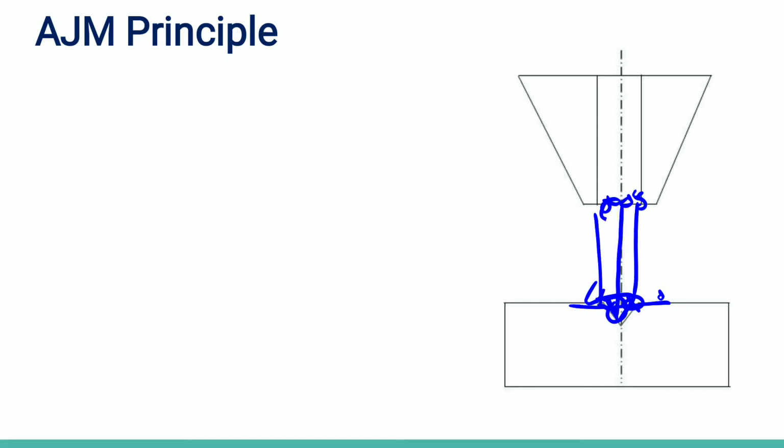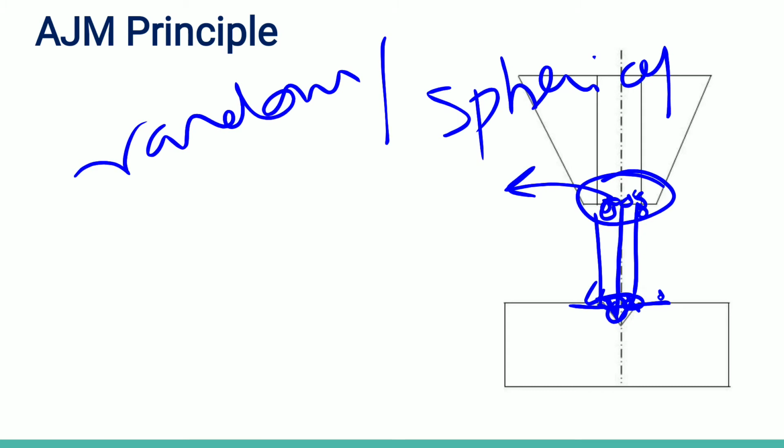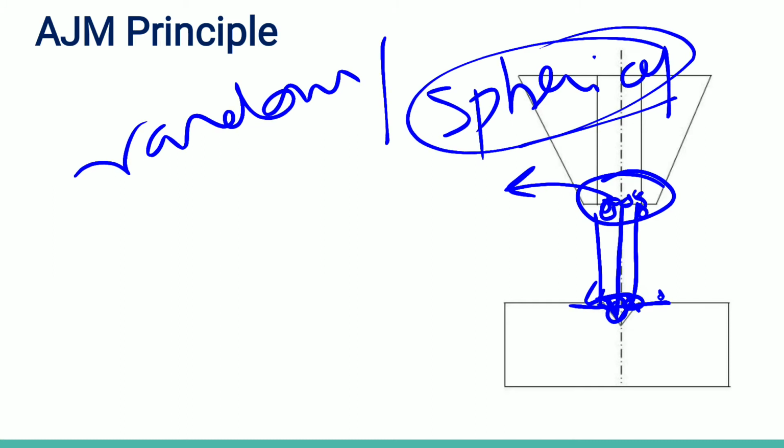These abrasive particles coming from the exit area are random in shape, but generally for easy calculation of the material removal rate, MRR, we consider them spherical in nature.